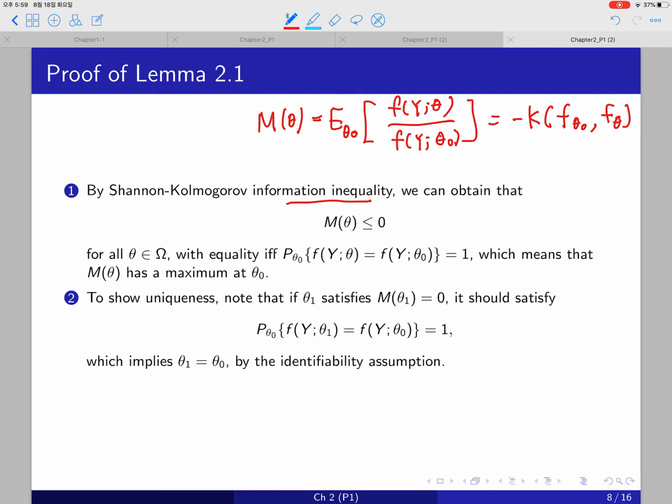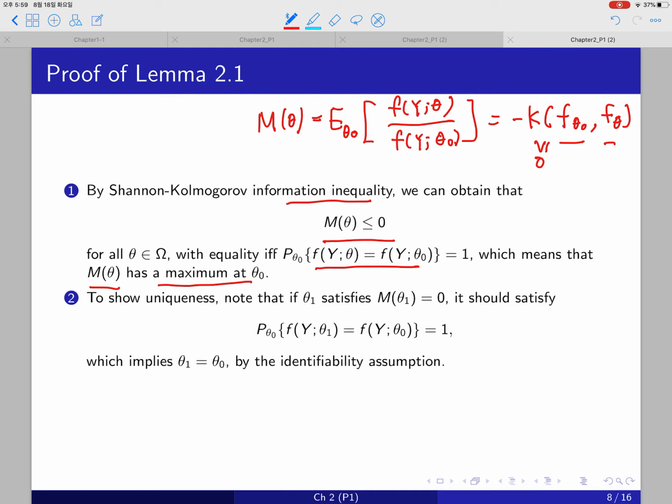We already showed that the Kullback-Leibler distance is non-negative, so M(zeta) is non-positive, with equality if and only if these two densities are equal with probability 1, which means that M(zeta) has a maximum at zeta null.